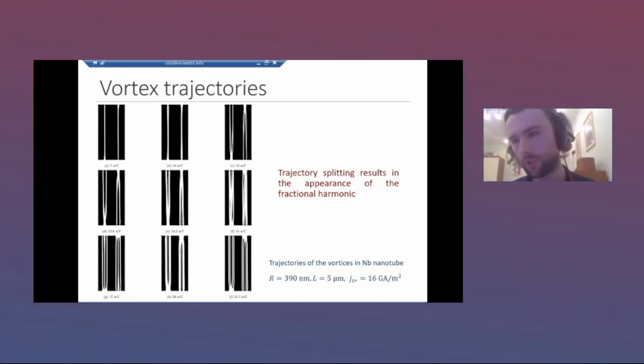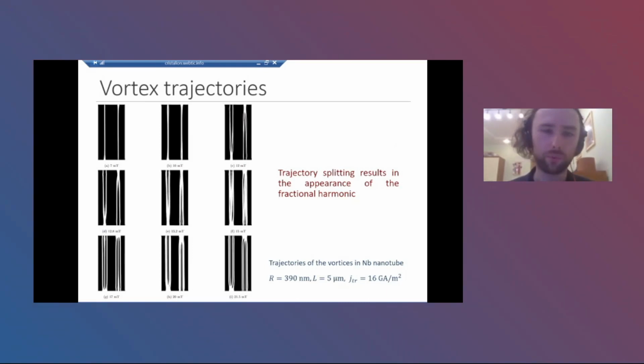For example, we make a little bit larger magnetic field, and in this case, we have practically the same frequency of the vortex nucleation, but one vortex chooses one path, and another vortex chooses another path, and depending on the path, it can generate different values of the voltage.